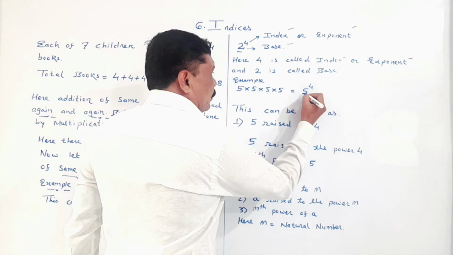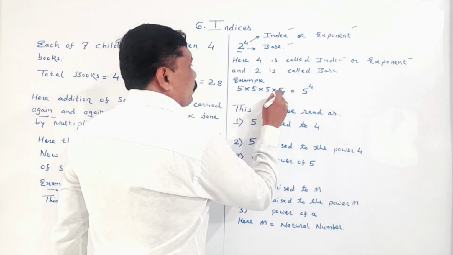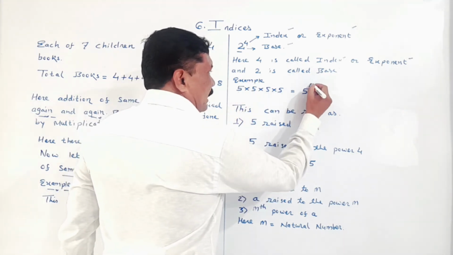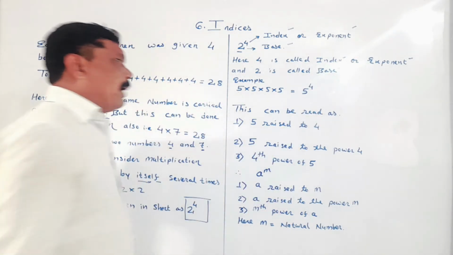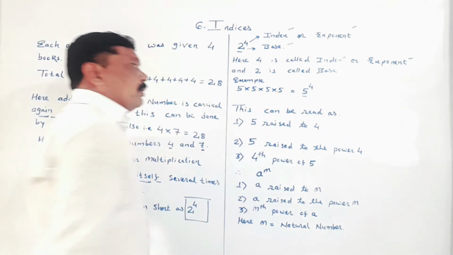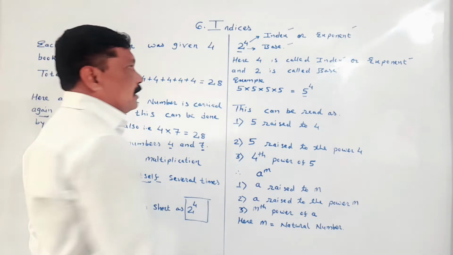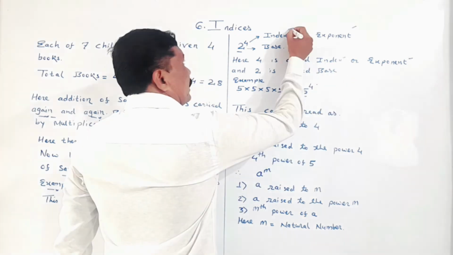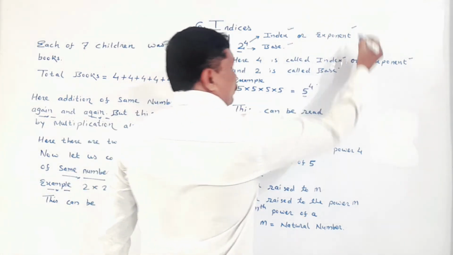So we will write 5, and since it is multiplied 4 times, above 5 we will write 4. So again 5 will be the base and 4 will be the index or exponent.